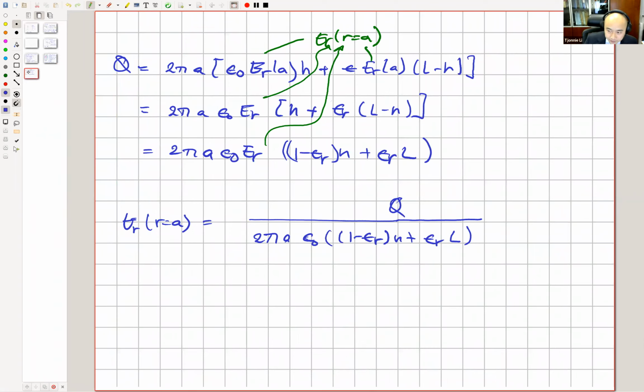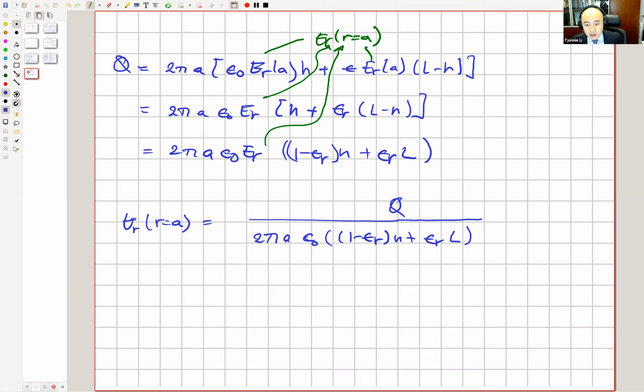And so one thing that we can do is to draw a Gaussian surface around it, and then ask, okay, how does the field relate in that way?